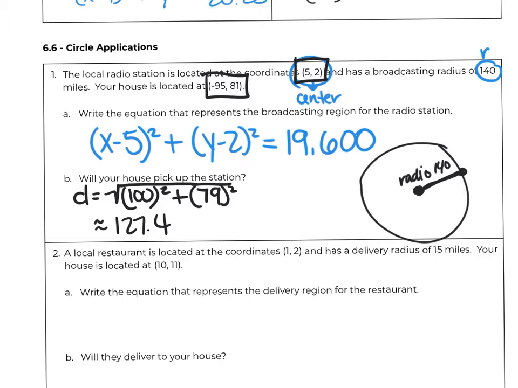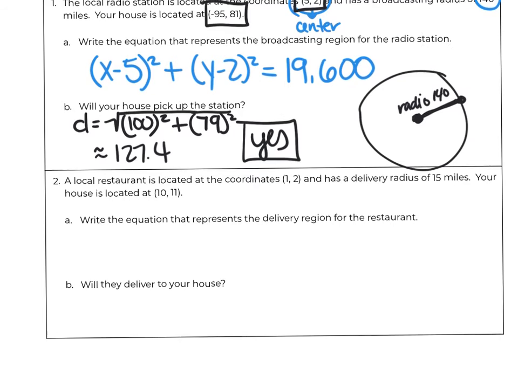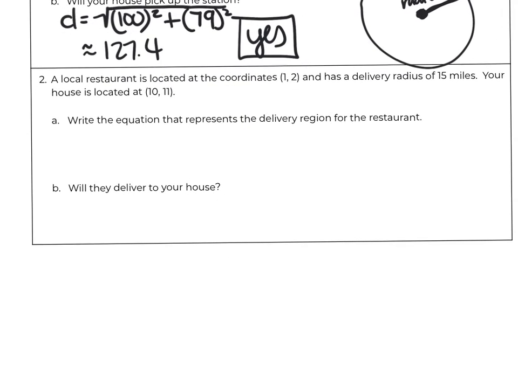Is that within 140? Yes, so then it would work. What's an example of something that wouldn't work? 141. Yeah, anything over 140. 140.1. Yes, technically. Might be fuzzy.